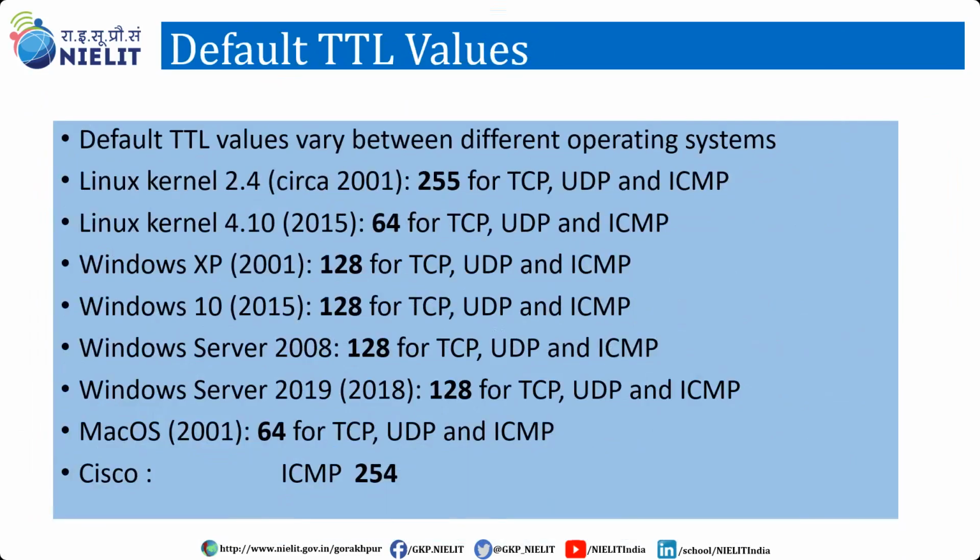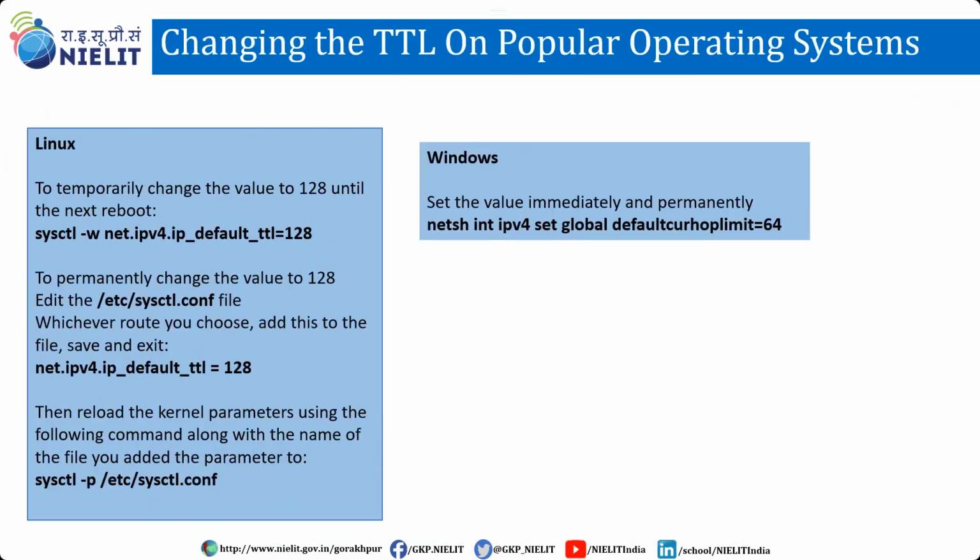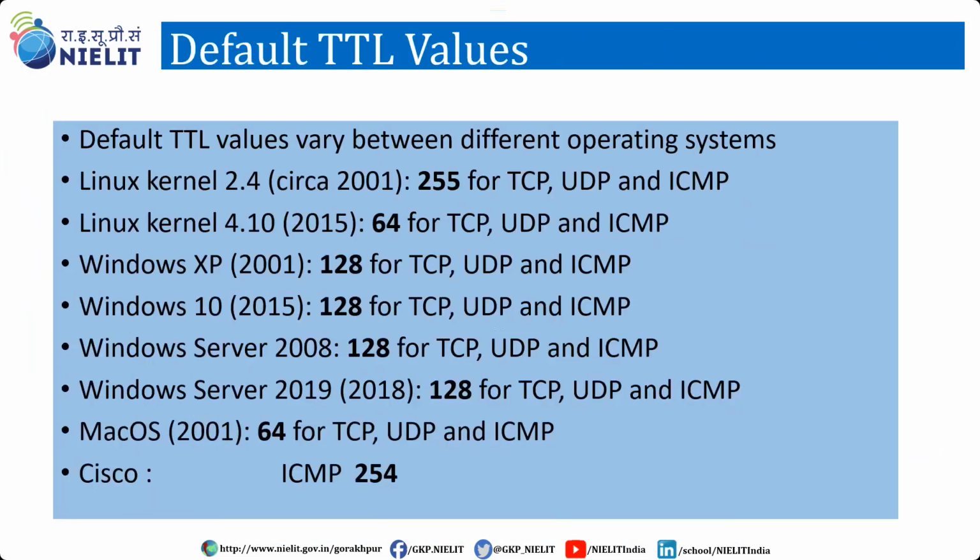So this is the default TTL value, and on the basis of that, an attacker or operating system guessing tool can work. There are many scanning tools, and these scanning tools can predict the type of OS or type of device running on the target machine just by seeing the TTL value. This is one of the methods. It is not a 100% accurate method.